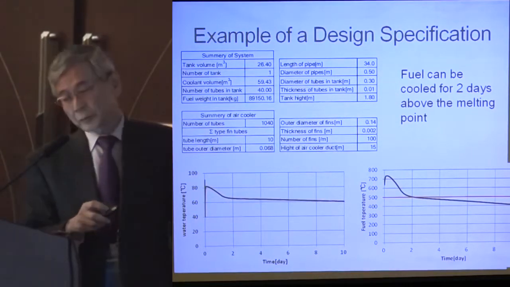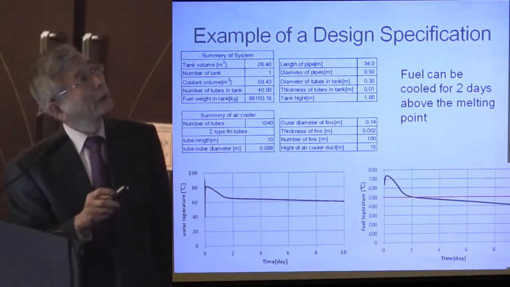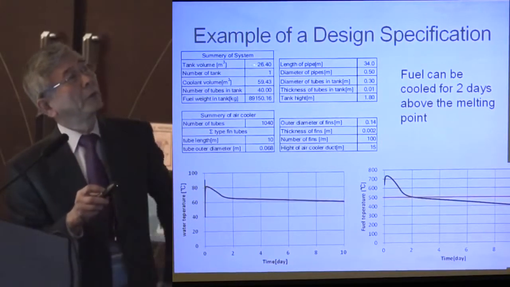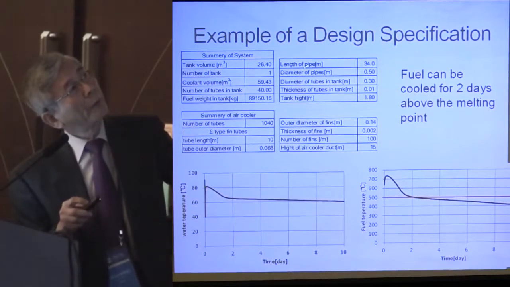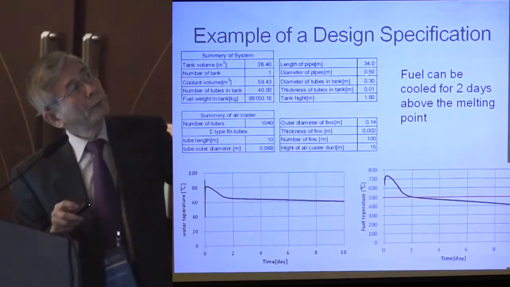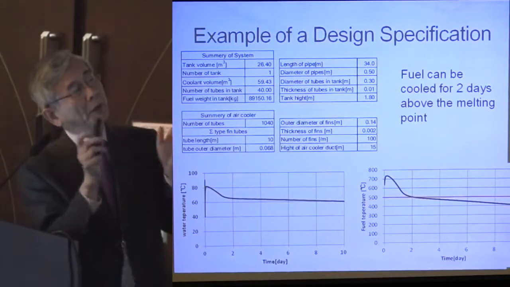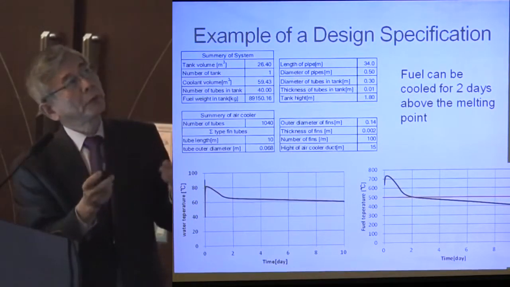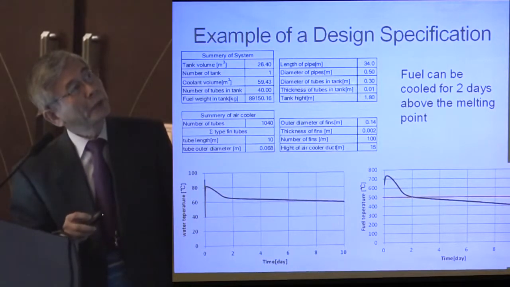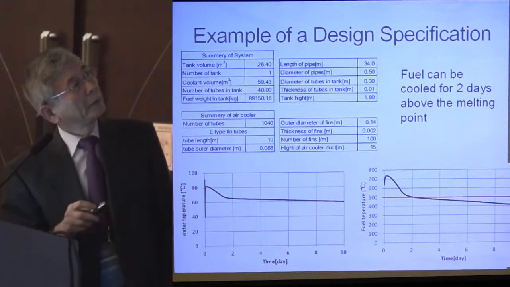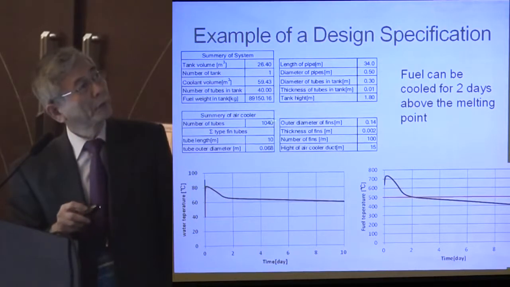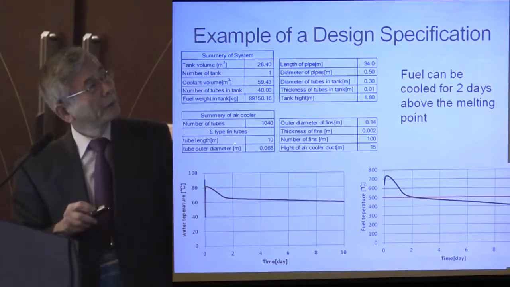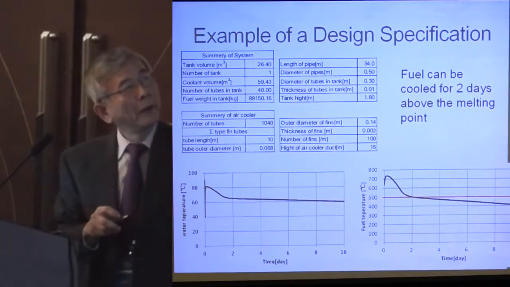This is the design of FUJI, and coolant volume, length of pipe, diameter of pipe, that means fuel diameter, and diameter in tubes, and thickness of tubes, and tank height, and air cooler, number of tubes, 1040, and tube length, and so on.